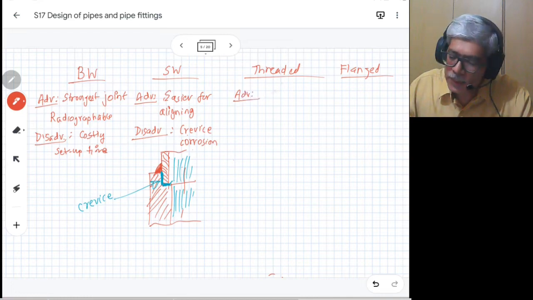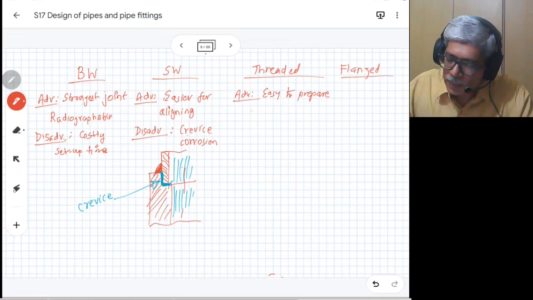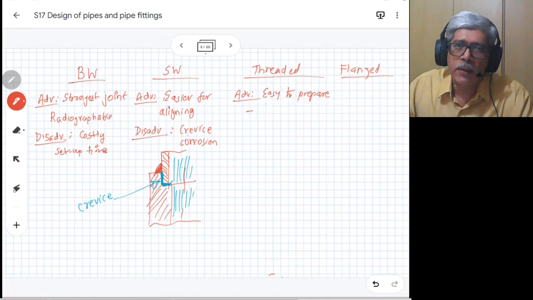The threaded joint is most easy to prepare. Sometimes you have a situation where the welding is not possible at all because of the dissimilar metals. You don't have any procedure which allows you to join those two particular metals.